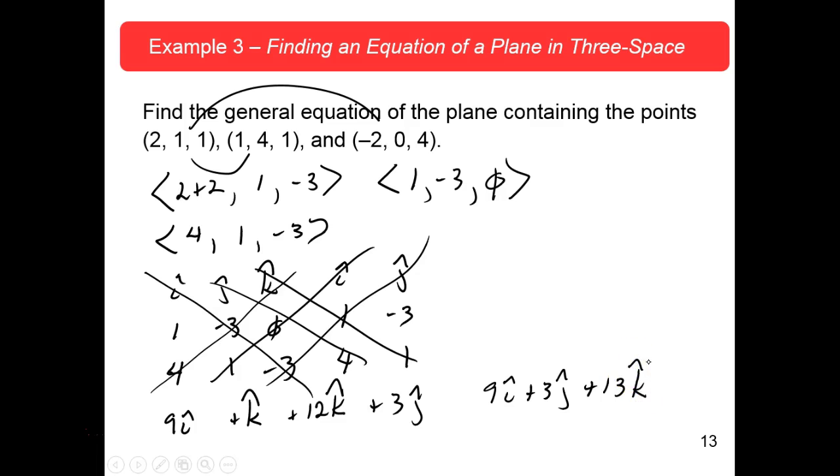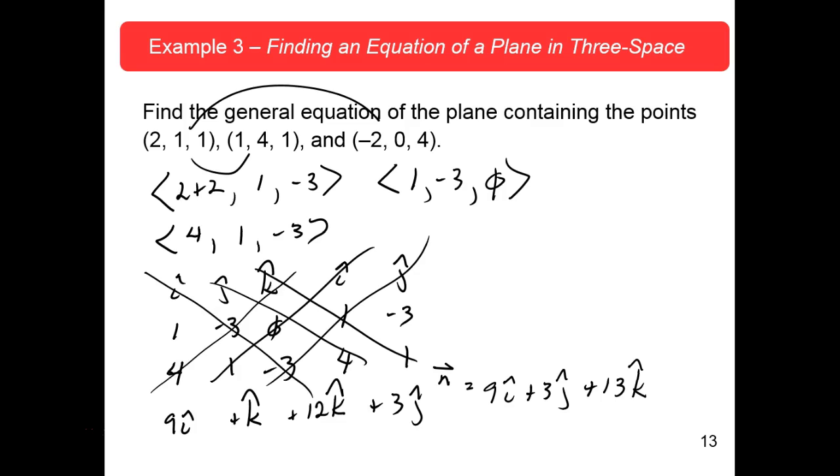That should be your normal vector, because it's perpendicular to both of the vectors that you get from combining any two of those points. You could have done any one of those with the second and third vector. You can go back and try that if you want to.